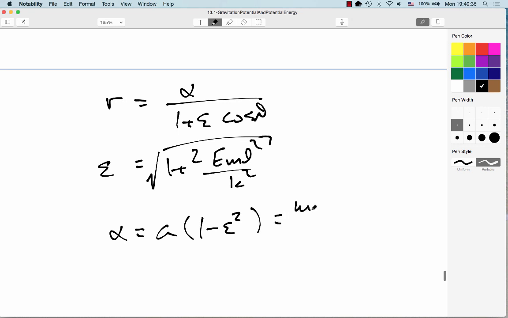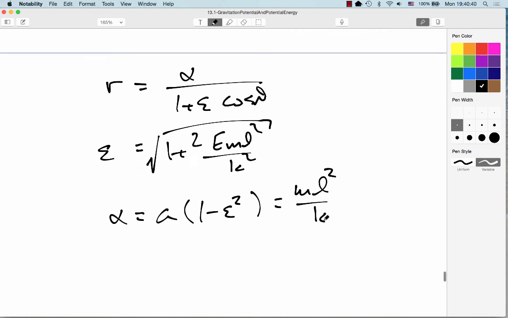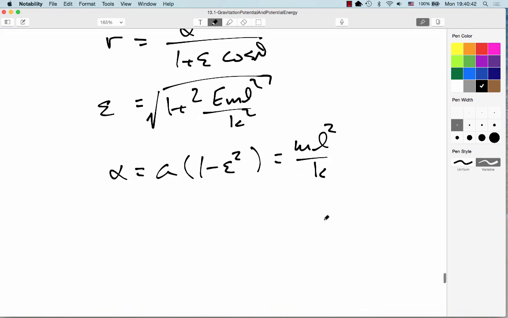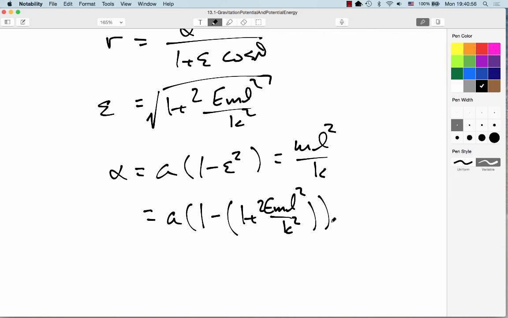And we identify that the latus rectum is ml squared over k. So grinding through, this works out to be a times 1 minus 1 plus 2EML squared over k squared, just putting in what we identified for the eccentricity already and squaring it.